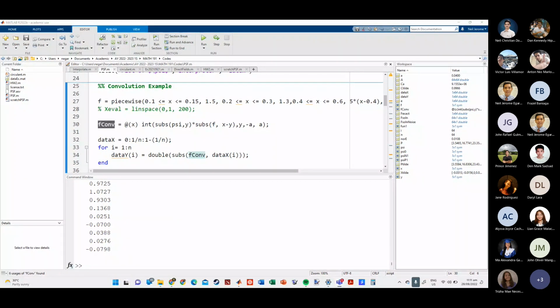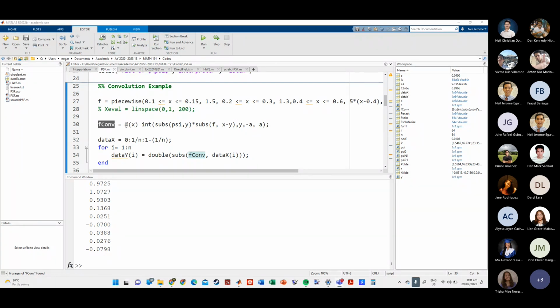So it's an integral, so I'll use the integral command. Tapos, ano yung ni-integrate ko? Psi of y. Kaya lang, kung babalikan niyo si psi dun sa taas ng code, yung definition ni psi, ang variable niya ay x. Pero dun sa integrand natin, dapat ang variable na ni psi ay y.